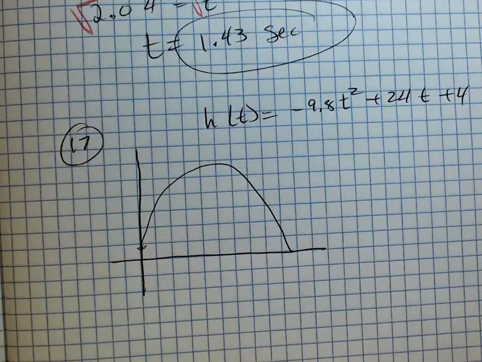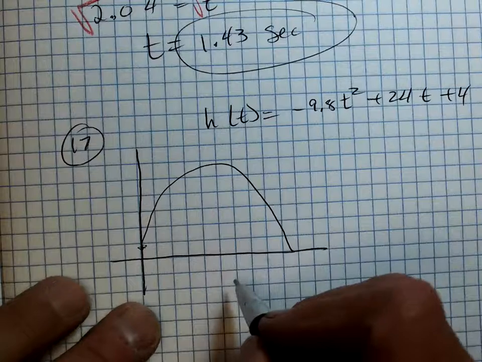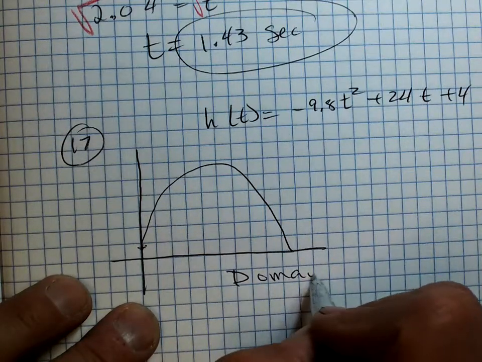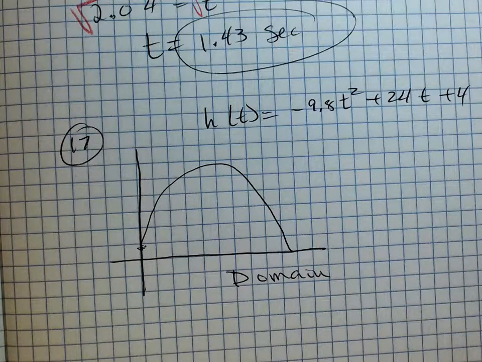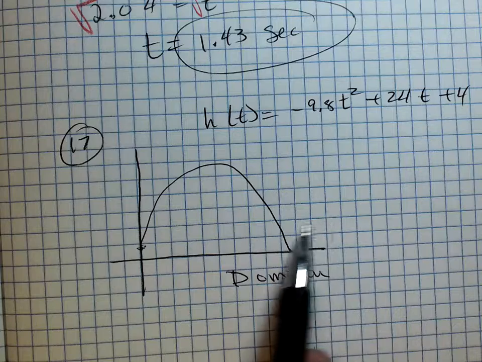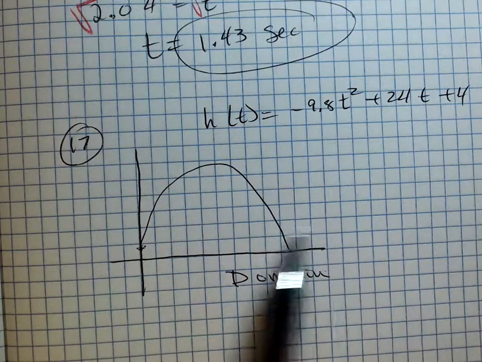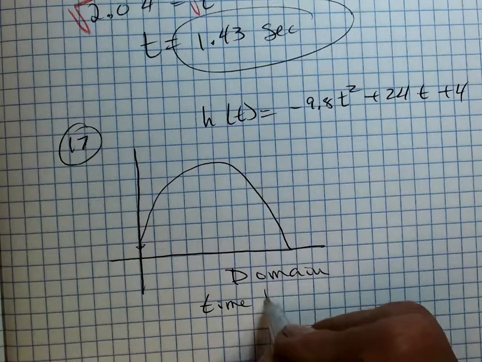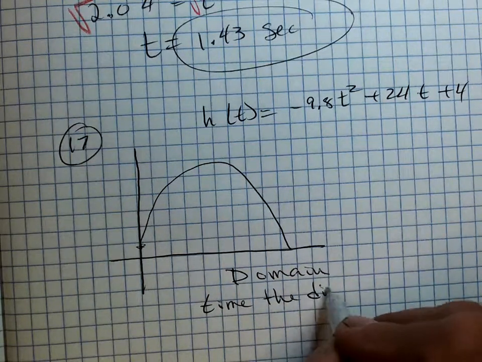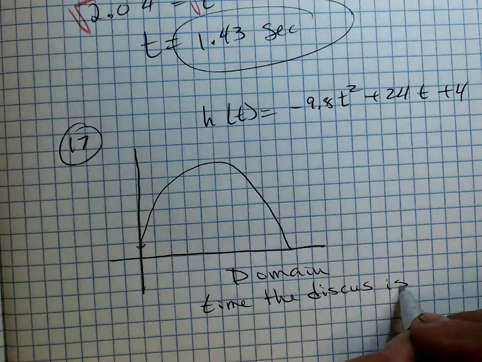First of all, describe domain and range. So domain, we don't have to find it, we just have to describe it. Domain is the time. Domain is always the x values. In this case, it's the time the discus is in the air.